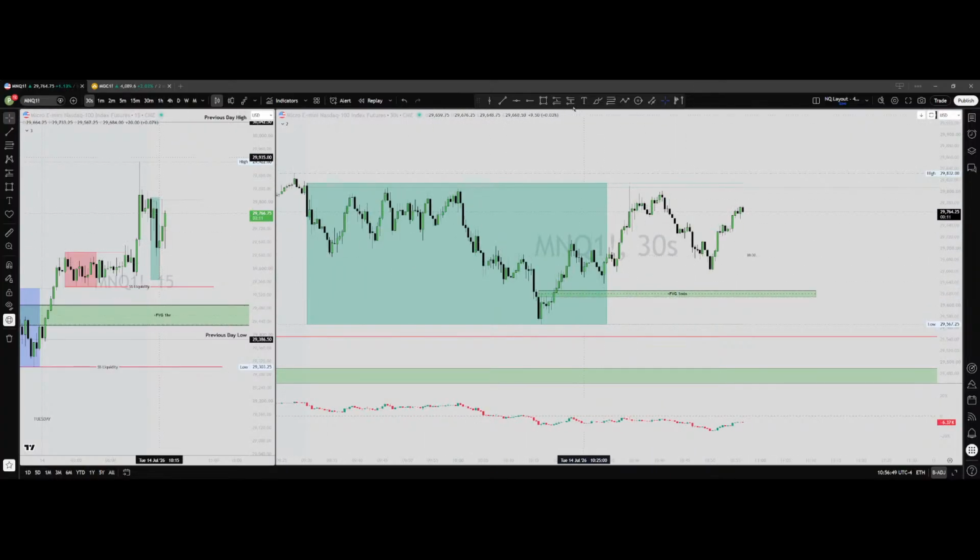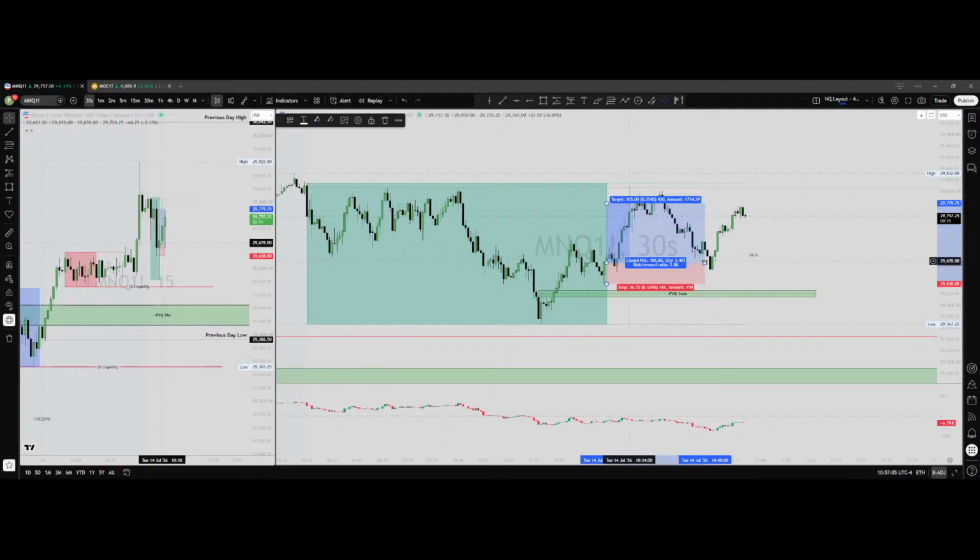So this was the trade that we entered. This IFVG stop loss was just 35, 36 points. My personal target was 75 points. This was the sell side liquidity that we had marked.